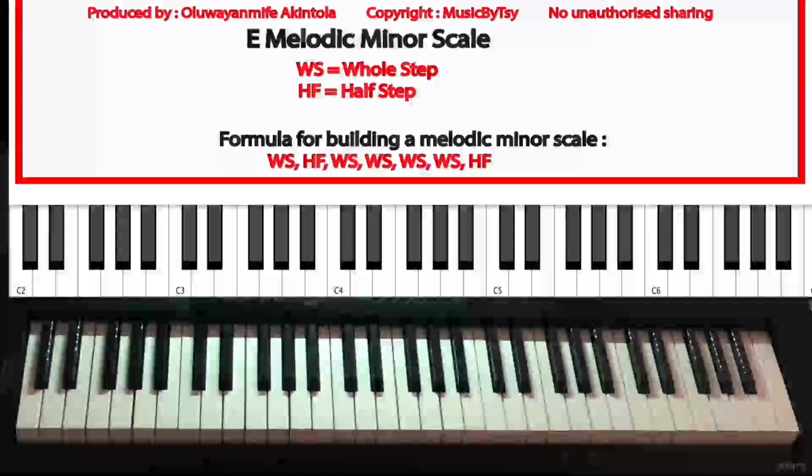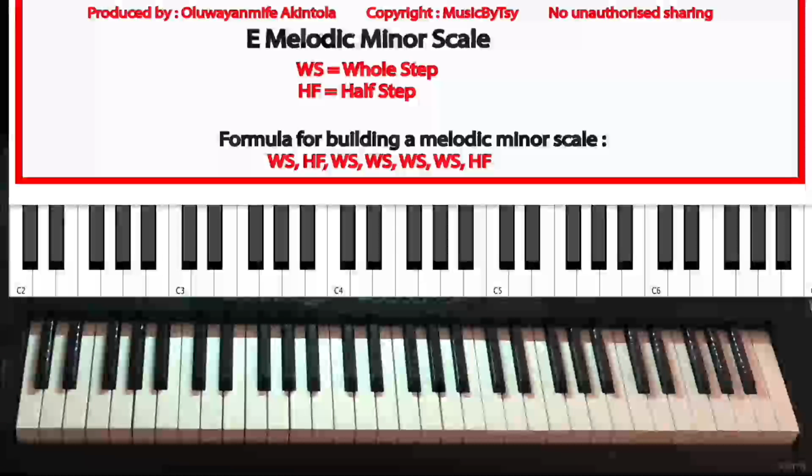Now the other method that can be used to build the E melodic minor scale is to take the E natural minor scale and then to increase the 6th note by a half step, and then to also increase the 7th note by a half step.